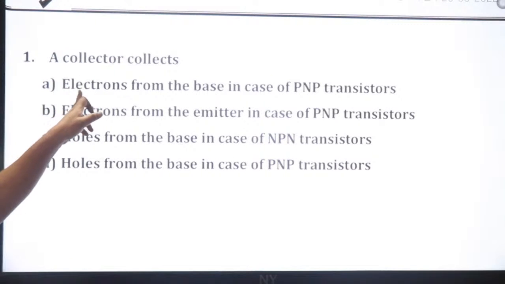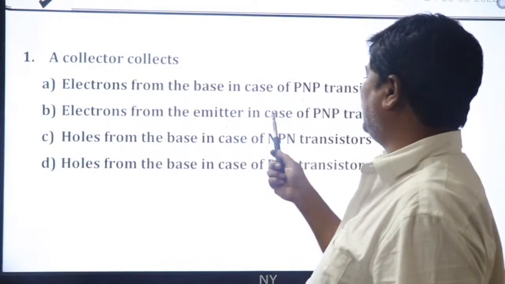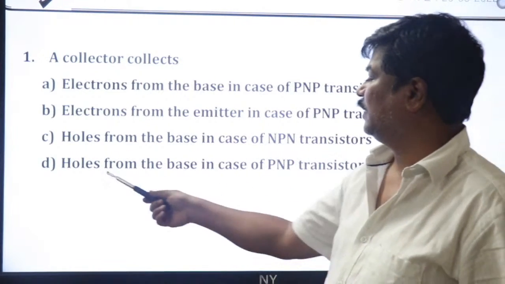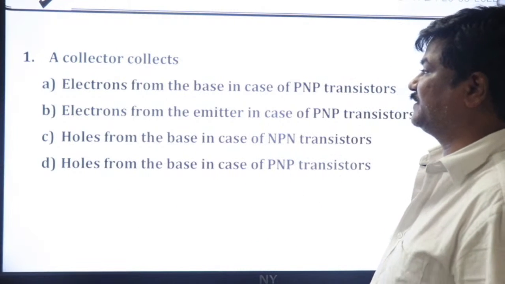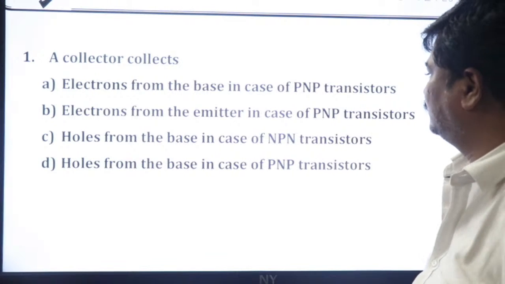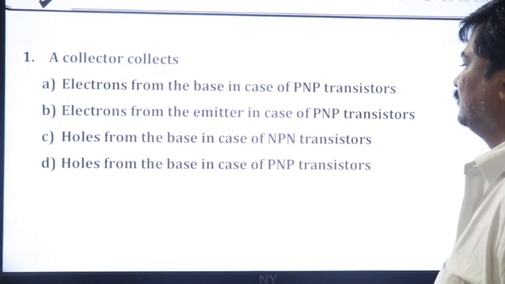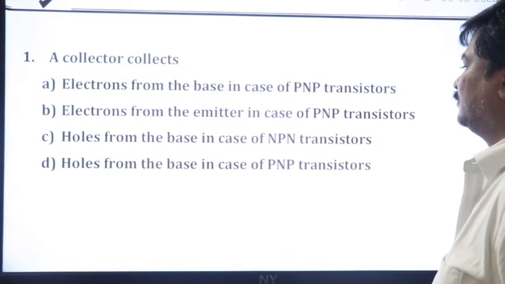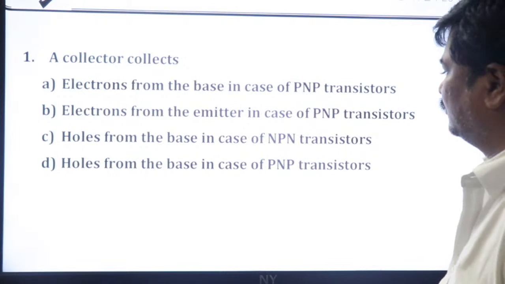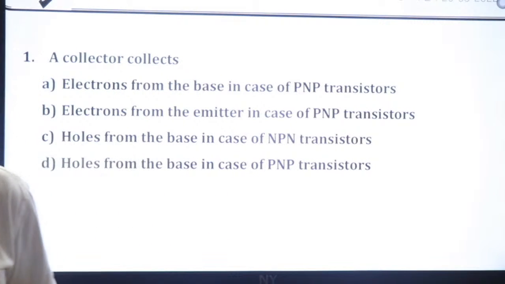A conductor collects electrons from the base in case of PNP transistor, electrons from the emitter in case of PNP transistor, holes from the base in NPN transistor, holes from the base in case of PNP transistor. What the collector will collect?